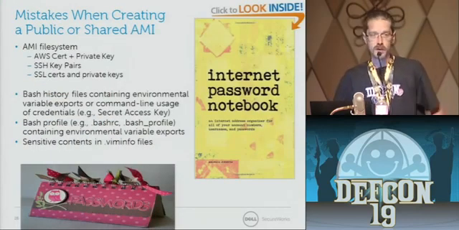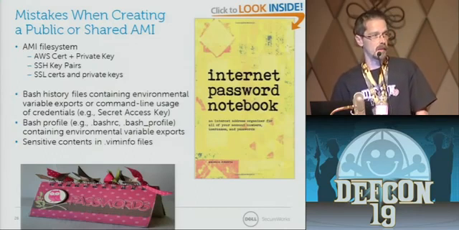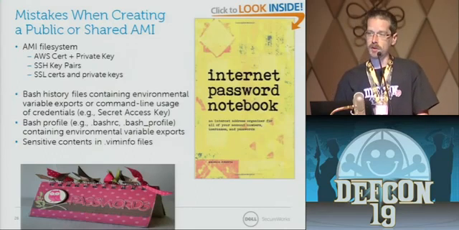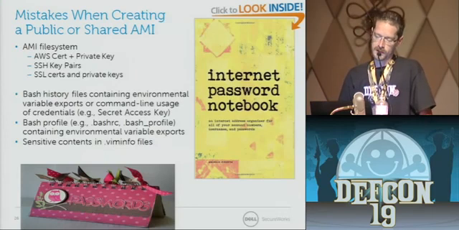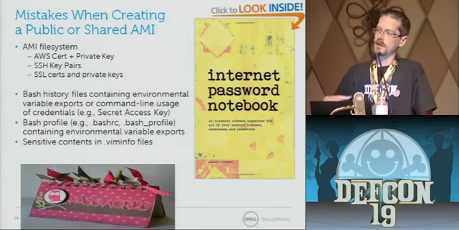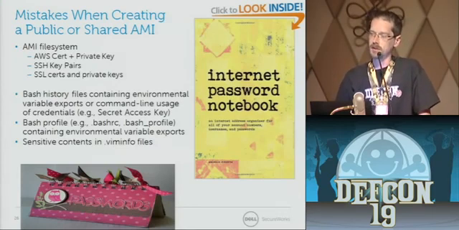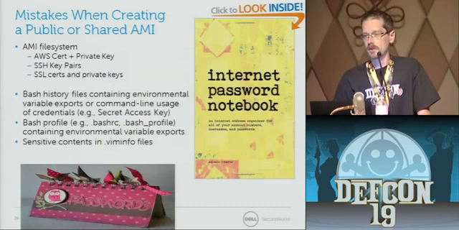When creating a public AMI or an AMI that you share with other users, there are a number of ways that you can accidentally leak your own credential material. On the file system itself, you may have your Amazon Web Service certificate and private key. You might have SSH key pairs, either an authorized key that Ben mentioned, or an actual identity key.